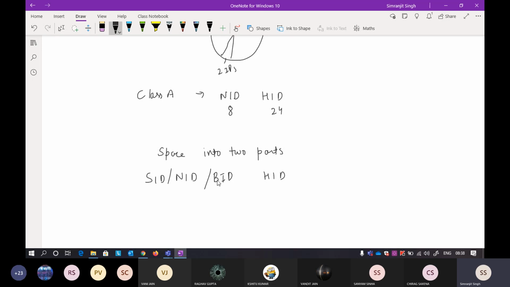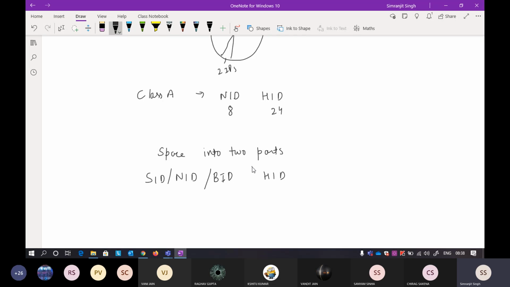These three are one and the same thing. I use the name block ID because it represents that we are following CIDR notation and not any class-structured approach. But keep in mind these three terms are used interchangeably.